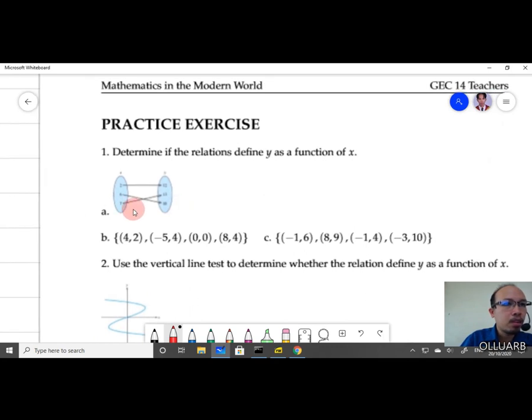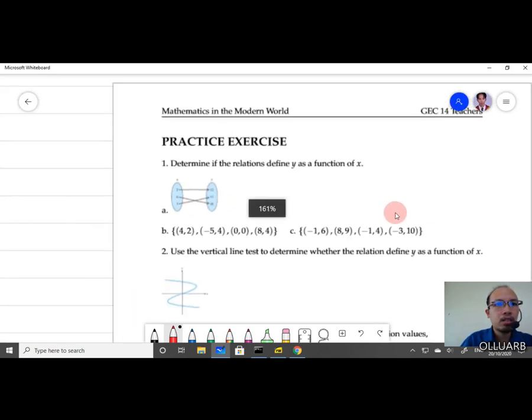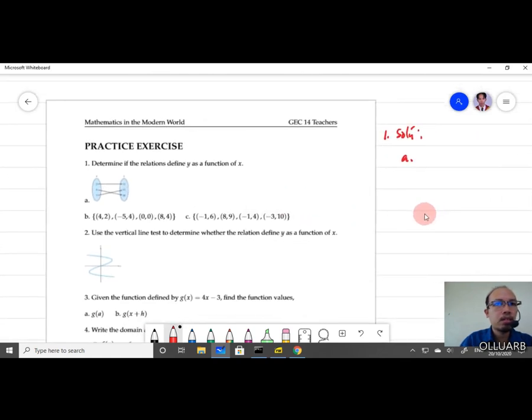So if we zoom out, as you can see in the diagram, each element in the domain maps to one and only one element. So every object in the domain has only one arrow. This means that this is a function. So 1a, this is a function.